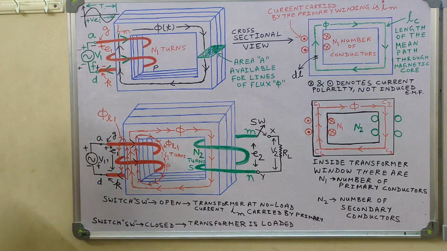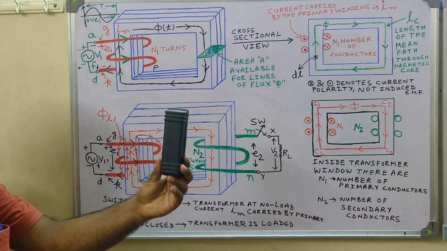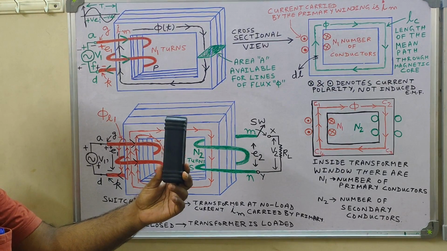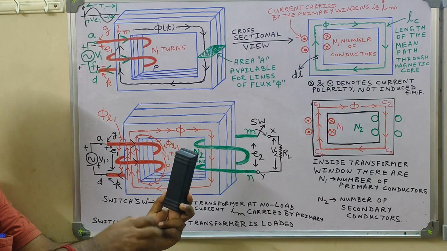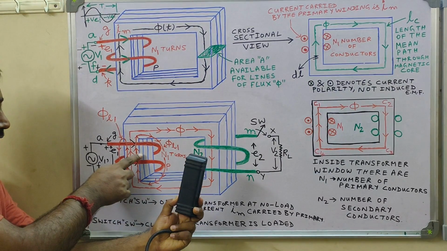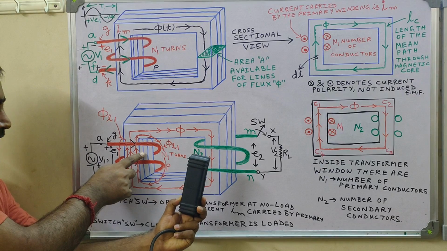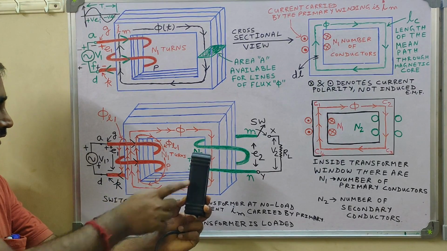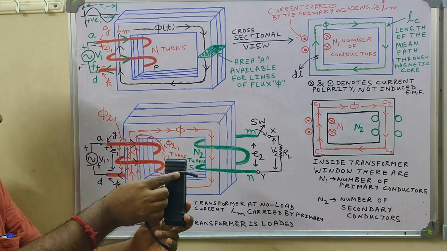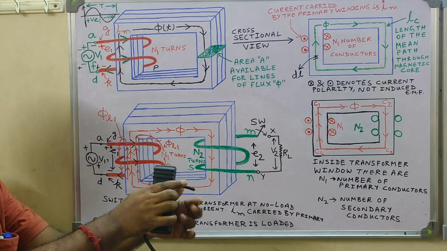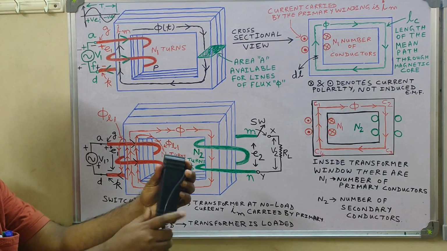Now let me demonstrate in a way which will be more or less acceptable. Let us take this to be the limb around which the primary turns are placed. So the limb of the transformer is being represented by this thing for the moment, and these are representing the primary coil. Primary coil is being placed through this point and it is wound like this.